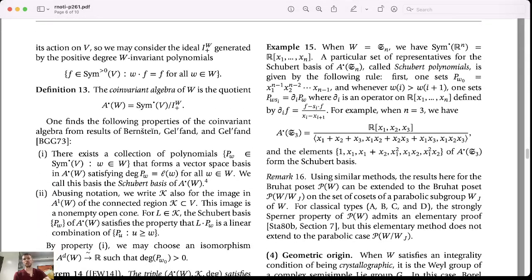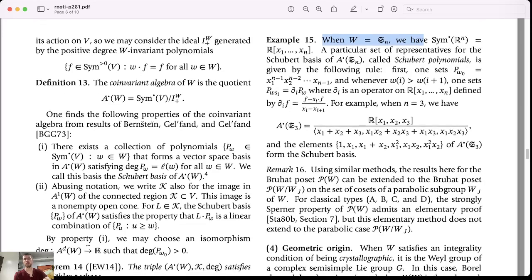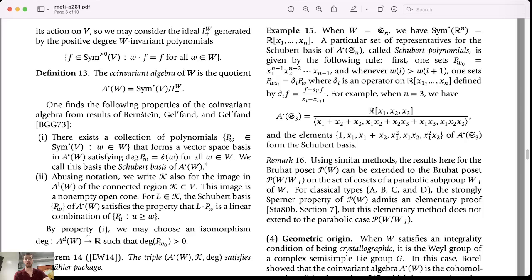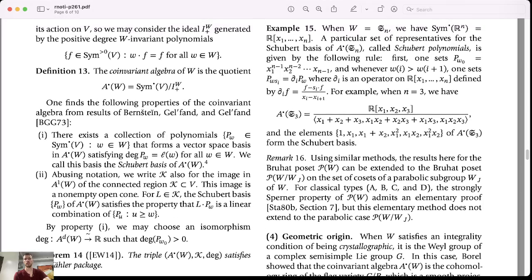Example: when W is the symmetric group on n characters, we have Sym of R^n equals R[x1, …, xn]. A particular set of representatives for the Schubert basis of A of the symmetric group on n characters, called Schubert polynomials, is given by the following rule. First, one sets P_{w0} equals x1^{n-1} times x2^{n-2} times … times x_{n-1}.